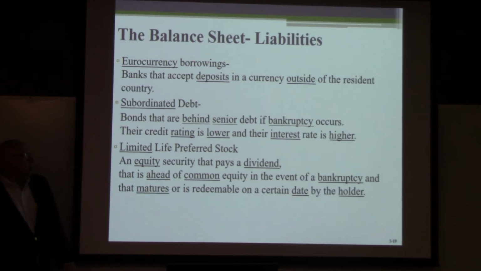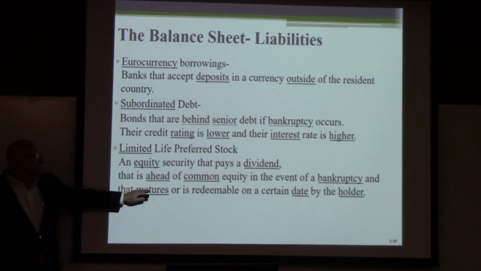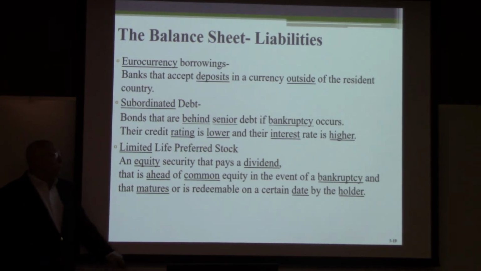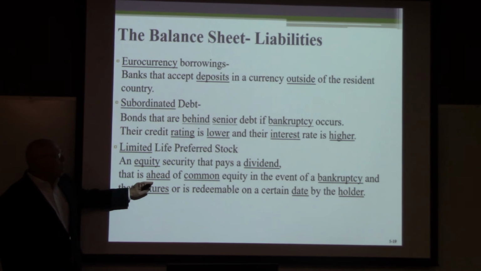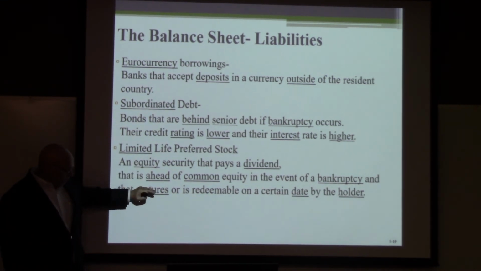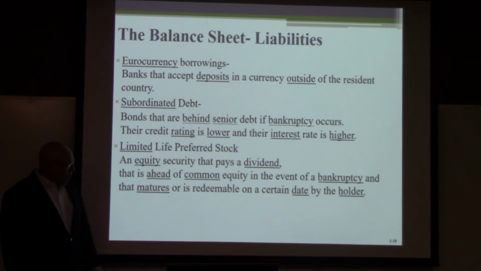Okay. But it is redeemable on a certain date by the holder. So it's kind of a bond, which is what a preferred stock is. It's a type of bond that is somewhere between a bond and a common stock in the event of a bankruptcy.